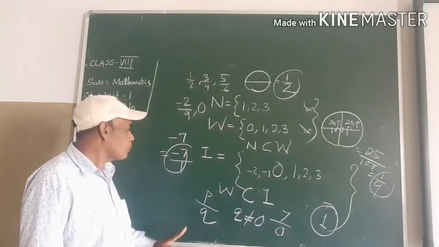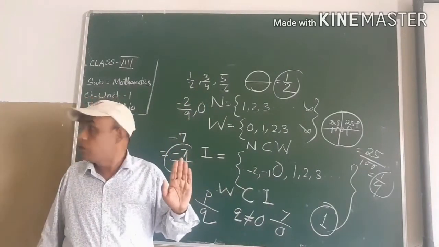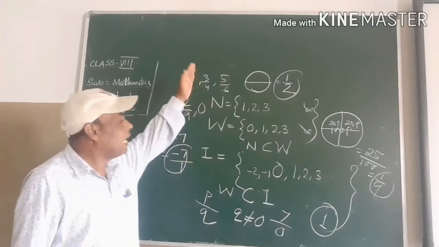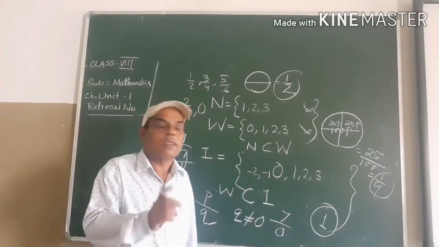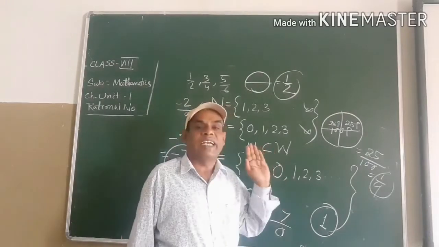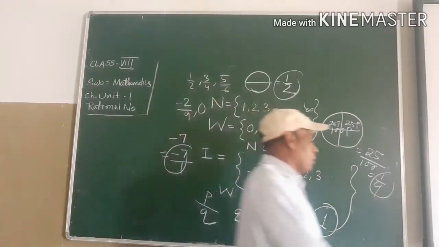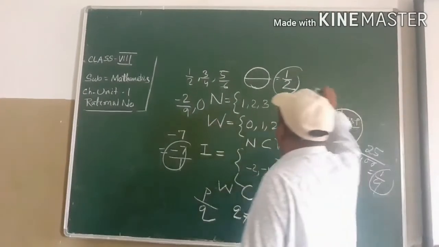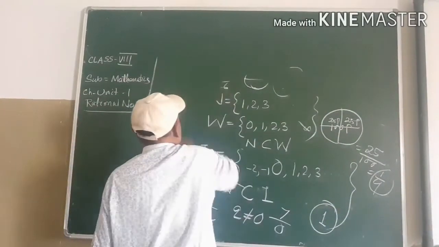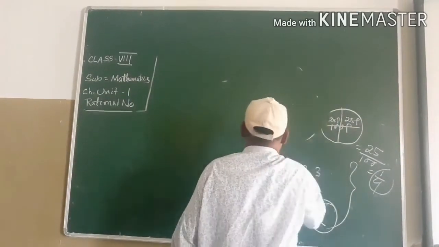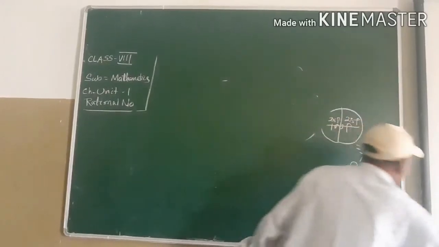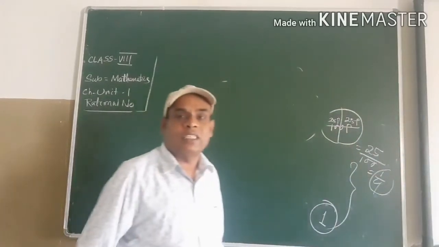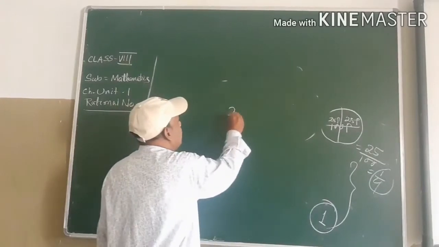And so regarding this rational number, how can we talk about the standard form of a rational number? See here. Suppose you are saying a rational number that is 2/4.